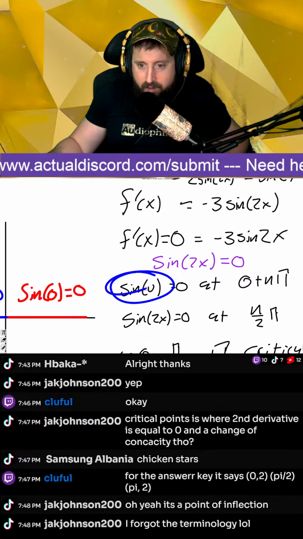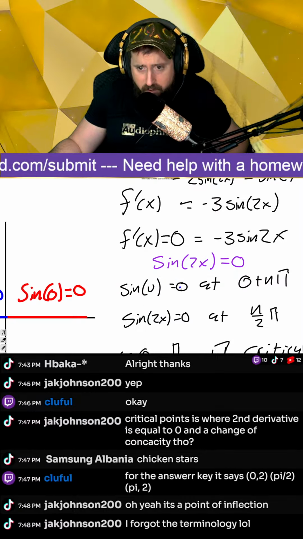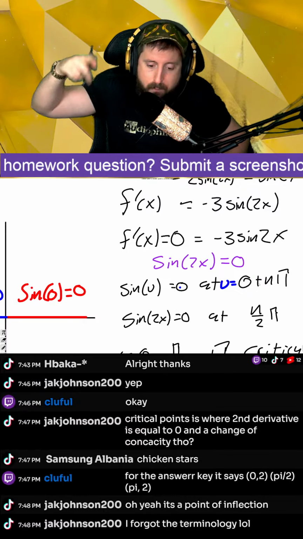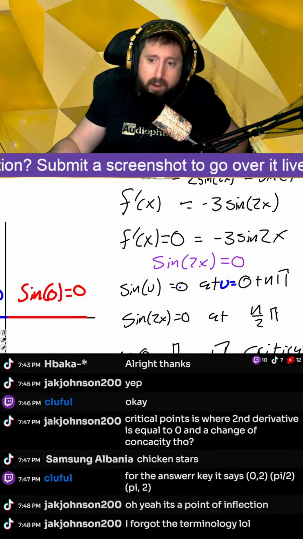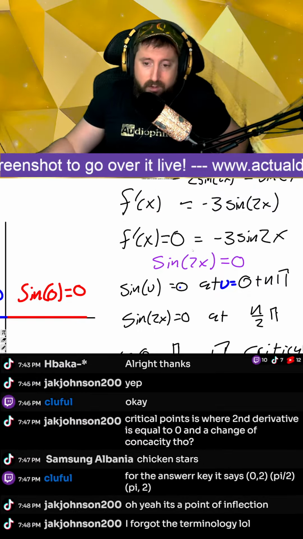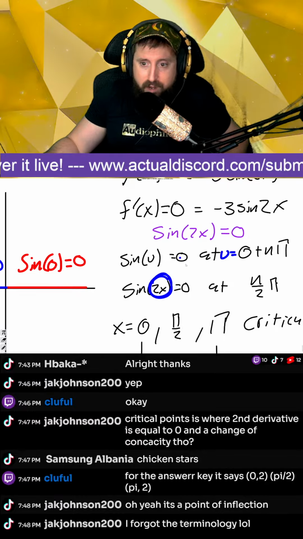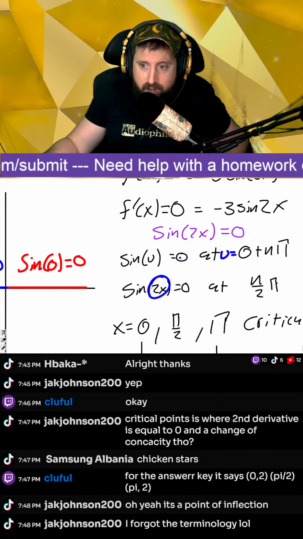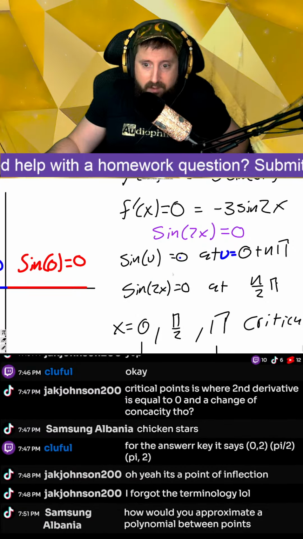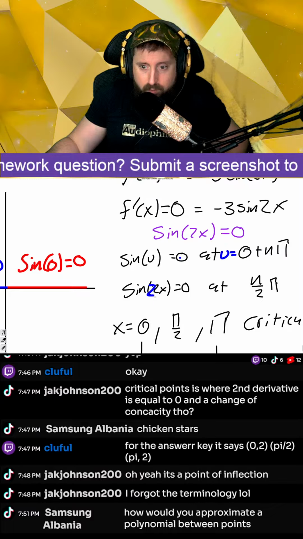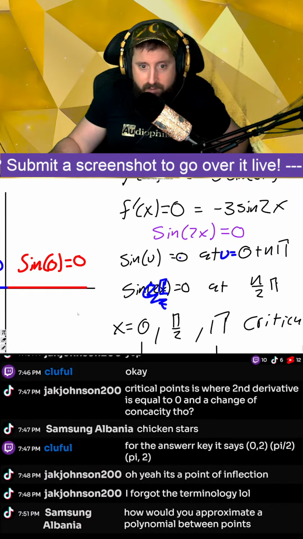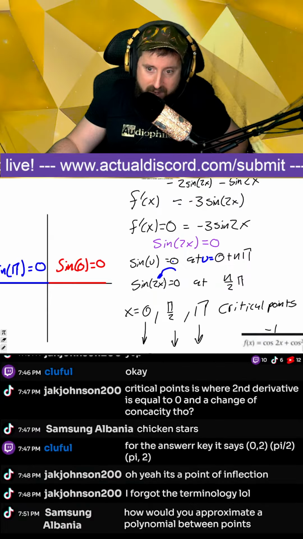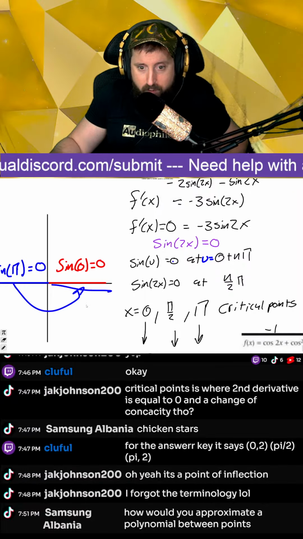That's why I wrote this: sine of a regular variable is 0 whenever that variable is 0 or multiples of pi. But what I was given was sine of 2x. For the inside to be 0, x would need to be 0. For the inside to be pi, x could be pi over 2, because 2 times pi over 2 gets you pi, and sine of pi is 0. And if x was equal to pi, then you get sine of 2 pi.